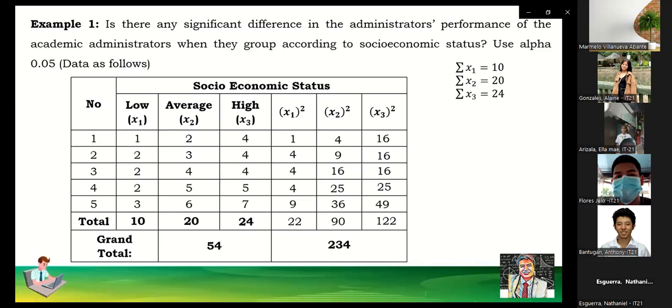Whether the number of members in each group is equal or not, it is okay. This data just happens to be equal.